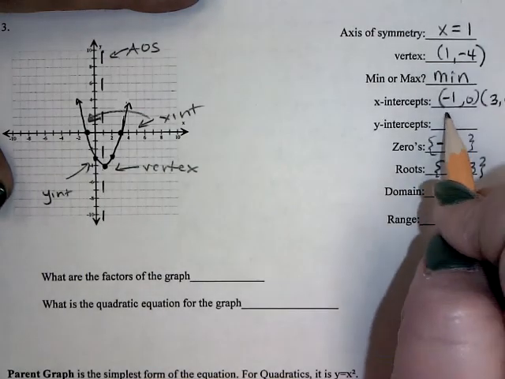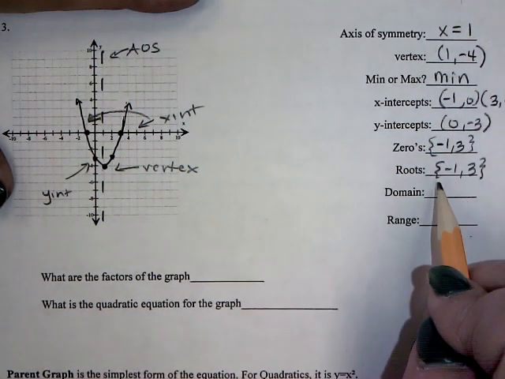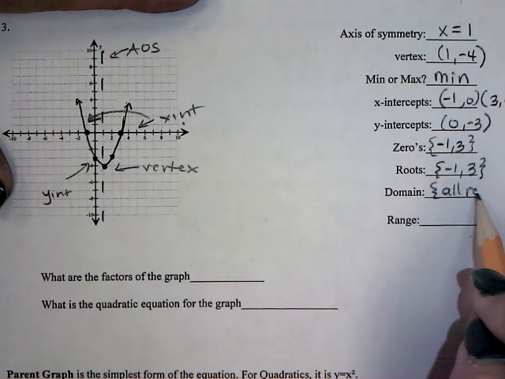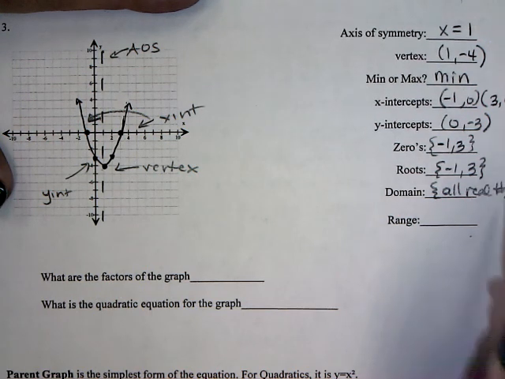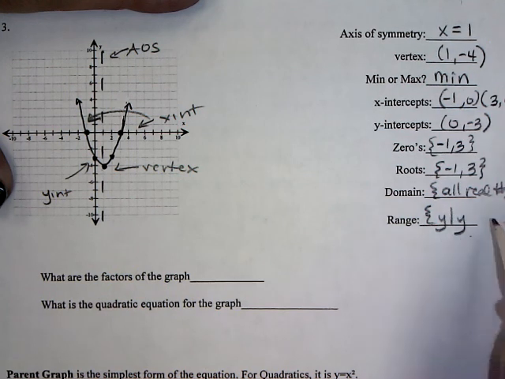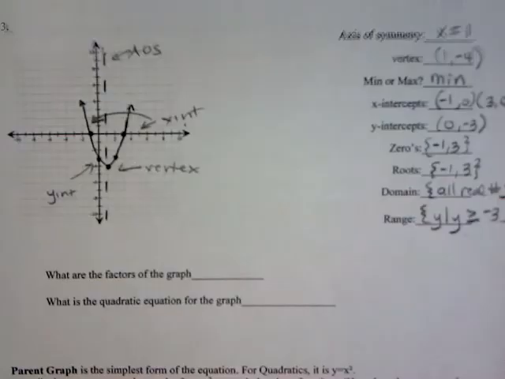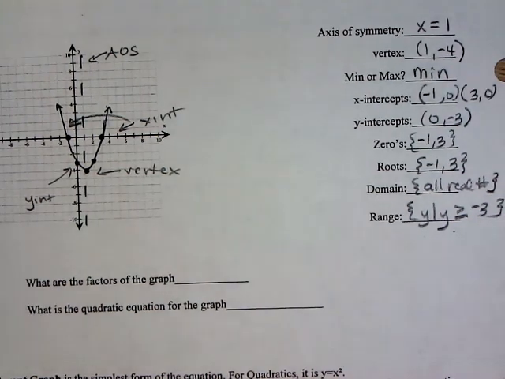At negative 3. My domain. Now my range. Perfect.